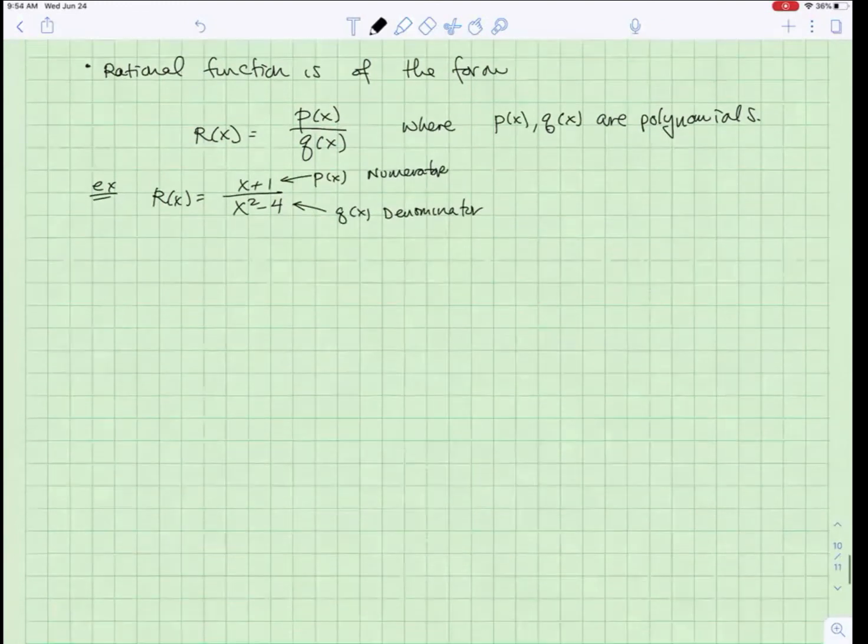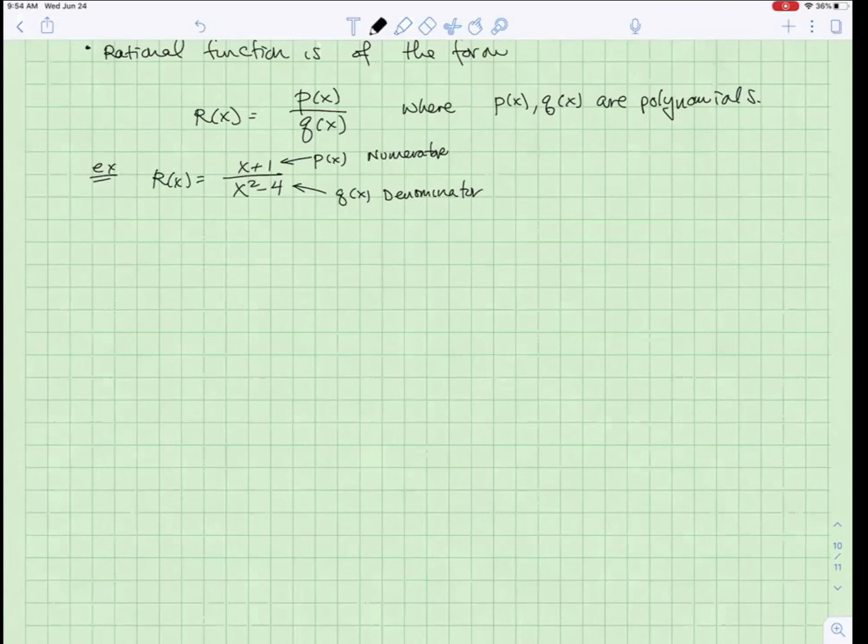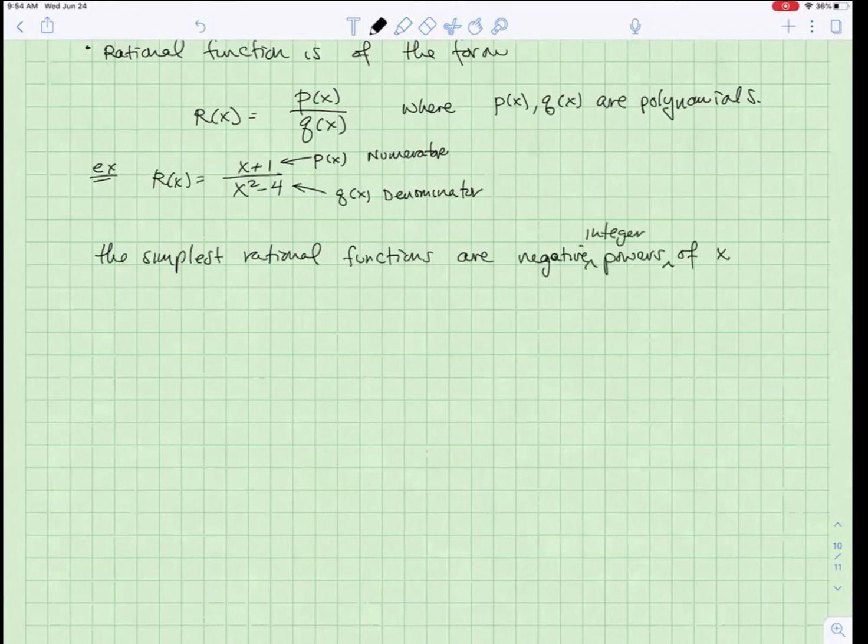And the simplest rational functions are negative powers of x, negative integer powers of x.